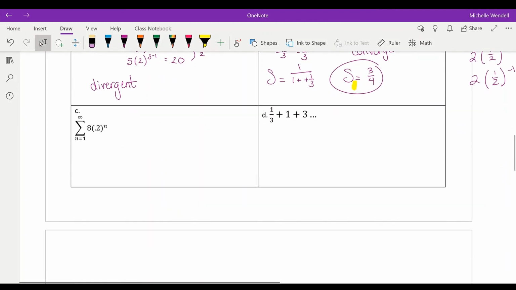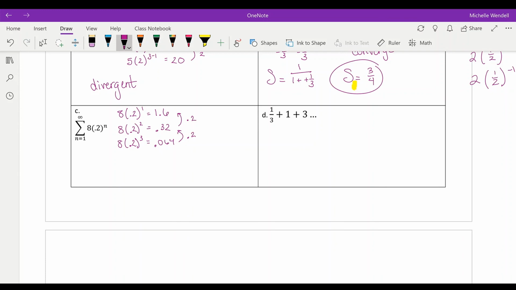All right, let's look at C. So again, to figure out my ratio, I'm going to plug in just to be safe. Get 1.6, 0.32, 0.064, which gives me a ratio of 0.2, just as I suspected.